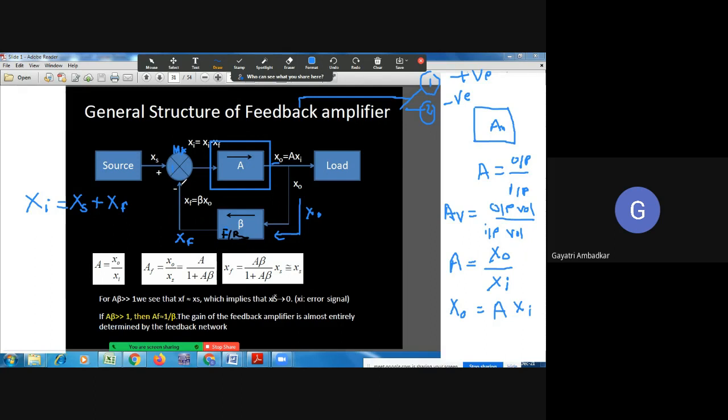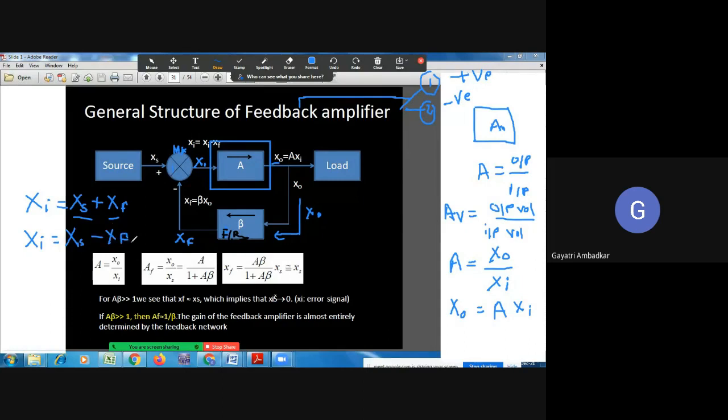Then what will be negative feedback? Can anyone define? If the input signal and the feedback signal are out of phase, then it is called negative feedback. And in that case, your input signal XI, the input of the amplifier, will become XS minus XF.